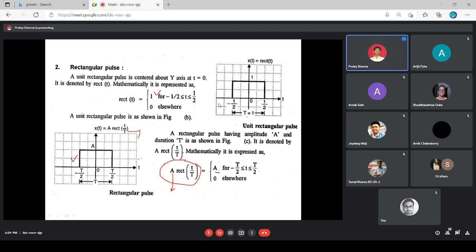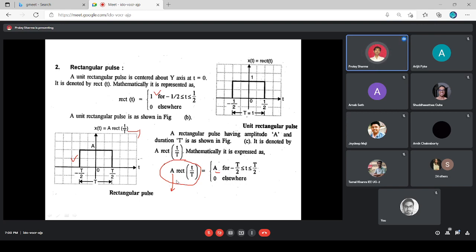It is 1 when t is greater than or equal to -half, less than or equal to +half. In other cases, it is 0. Now generalized expression is this. It is -T/2 to +T/2. Amplitude is a, and otherwise amplitude is 0.